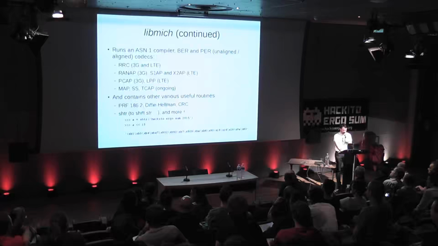There is an ongoing support for TCAP, but it's not really working yet. There are also other kinds of stuff in this library, like Diffie-Hellman, CRC, some pseudo-random functions from NIST and so on. There is also some funny function for shifting strings. It's really useful, actually. I'm using it a lot.